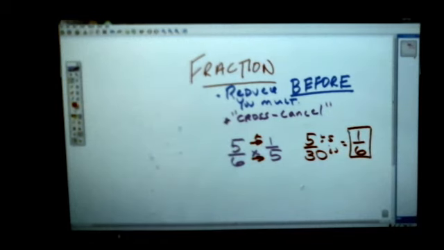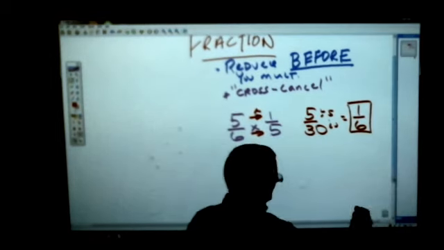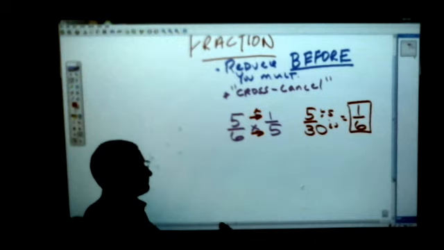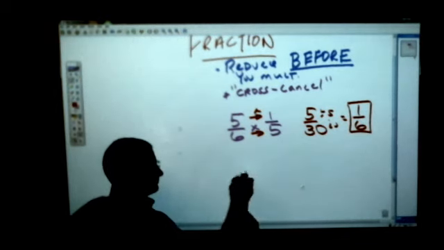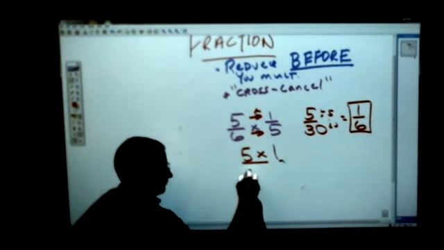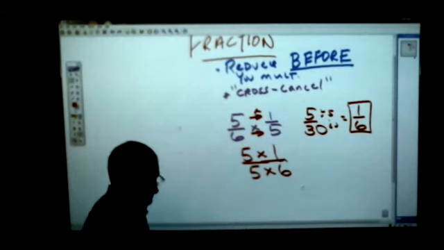But to save yourself some time, what you can do, it's a little like this, children, I guess. I could rewrite this problem to look like this: 5 times 1 over 5 times 6. That's really the same problem.